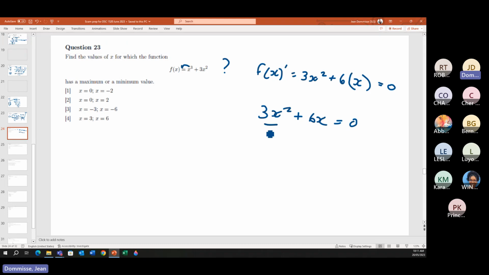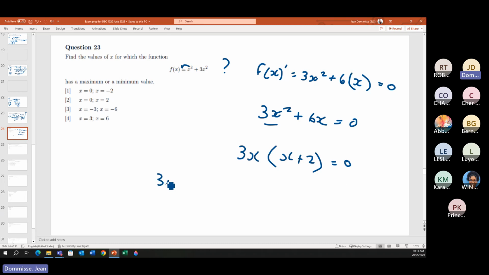Okay, so we can take out 3x in both. What is left is x plus 2. And then 3x must be equal to 0.